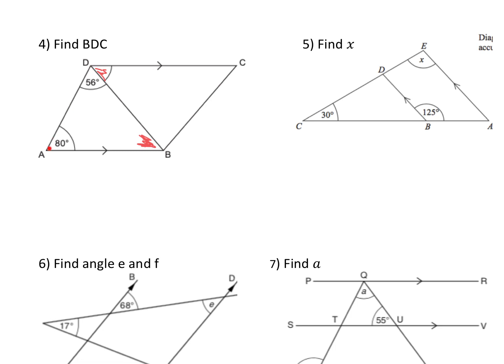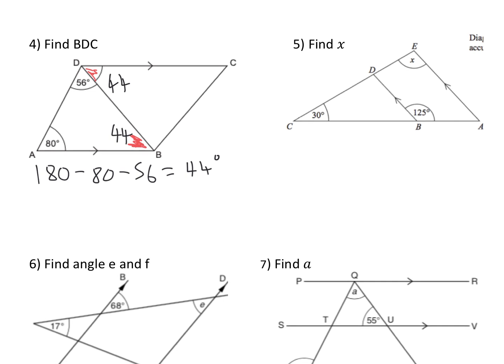But we do have a triangle here, so we could do 180 minus the 80 is 100, minus the 56 gives us 44 degrees. And if that's 44, then it's alternate. So this one here would also be 44. There are other ways you can do that question too, by the way.